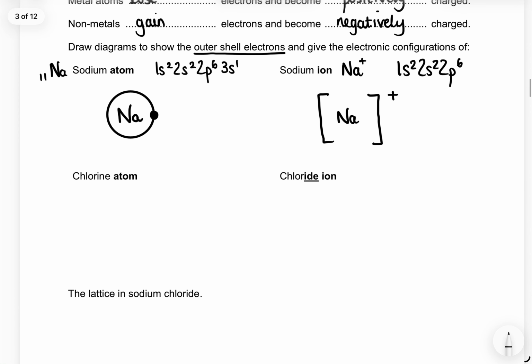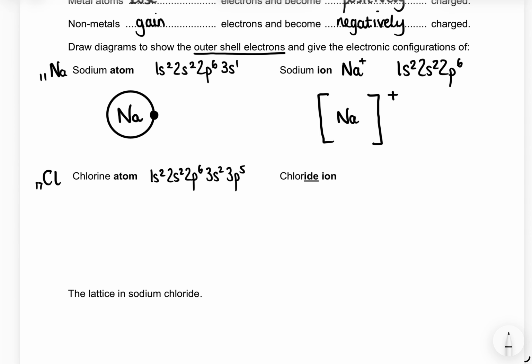If we look at a chlorine atom, in the periodic table chlorine is element number 17. So 1s2, 2 in the first shell, and in total 8 in the second shell. 3s2, that's the first 2 in the third shell, 3p5, that makes 17 altogether, 7 in the third shell, 7 in the outer shell, that's why it's in group 7.